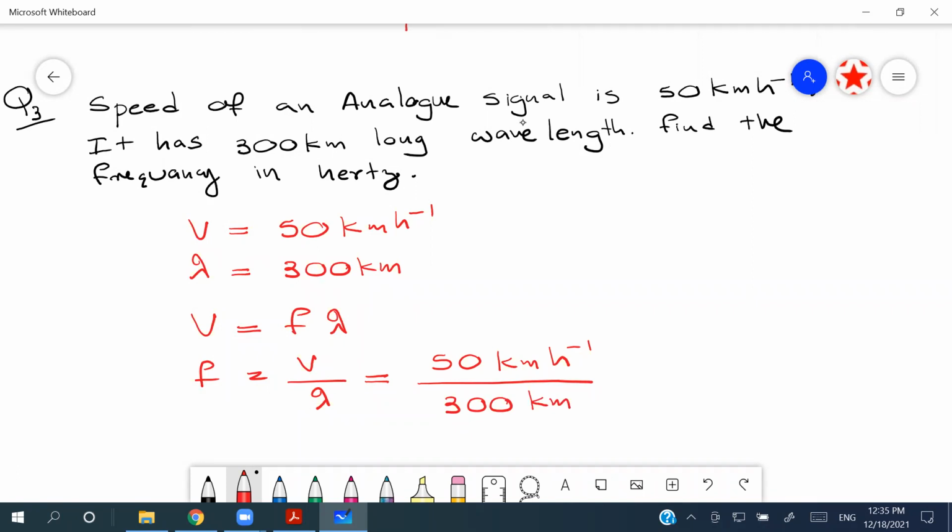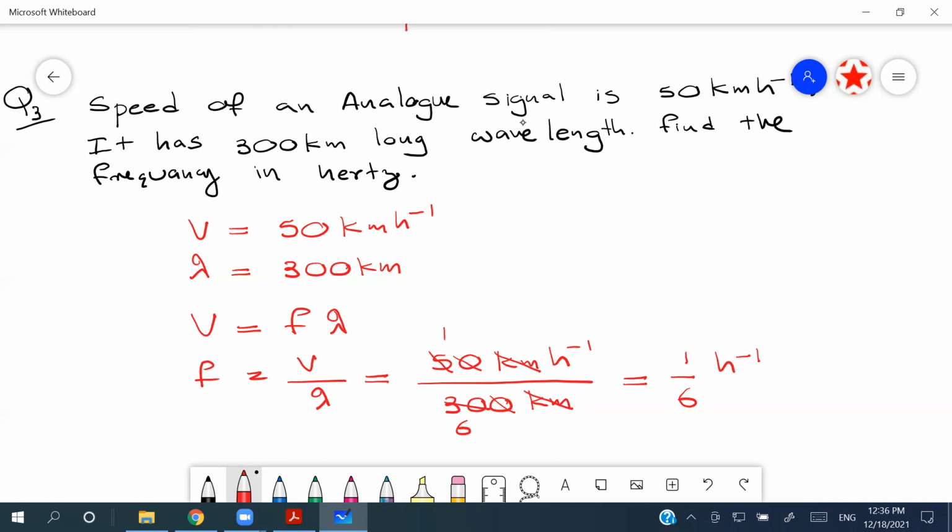So we can easily cancel these things, right? 5 and 6. And we can cancel kilometers per kilometers as well. So this gives you 1/6 per hour, people, right?